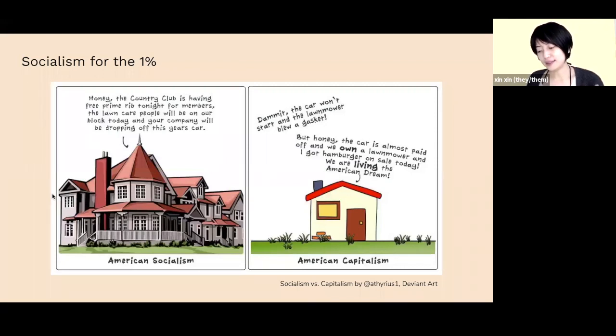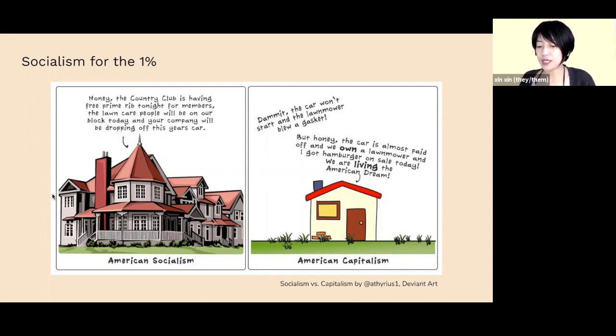The one on the left, American socialism, only really applies to the top 1%. We see a lot of free premiums, services, and an exchange of values that is very much contained within the bubble of the 1%. If you look at the depiction on the right, what we see is very little wiggle room for when something breaks.